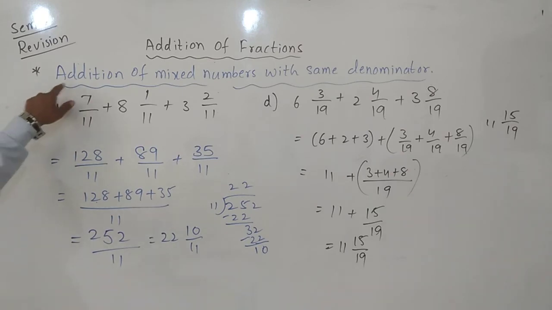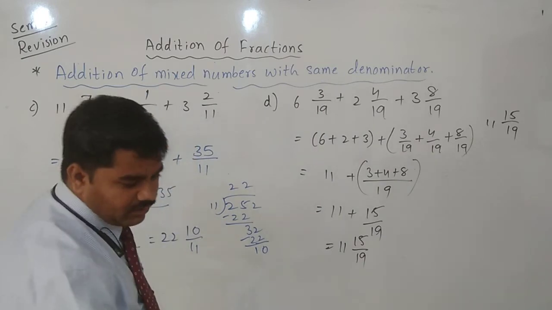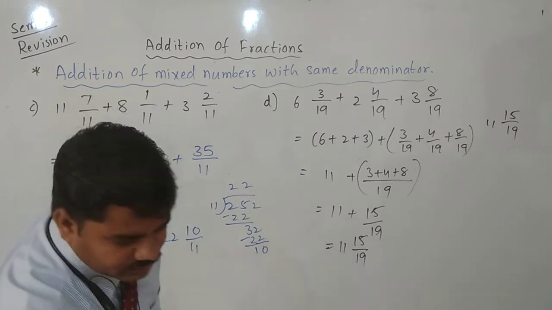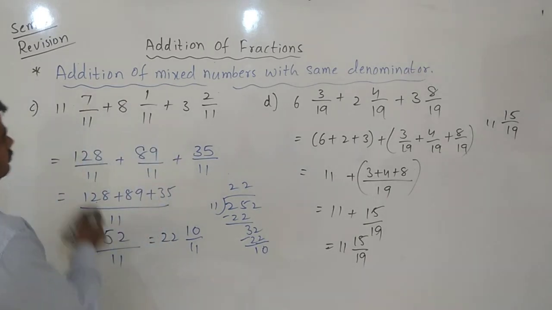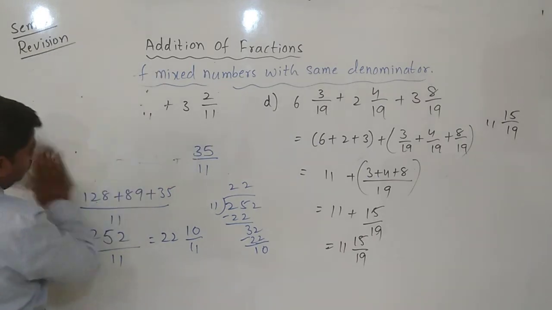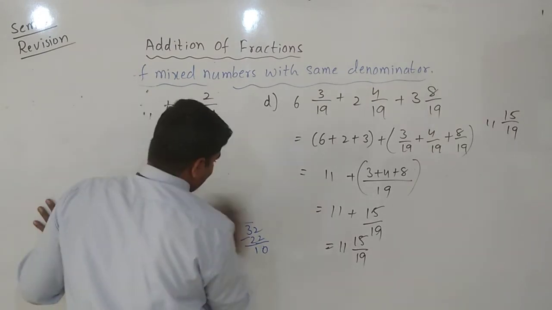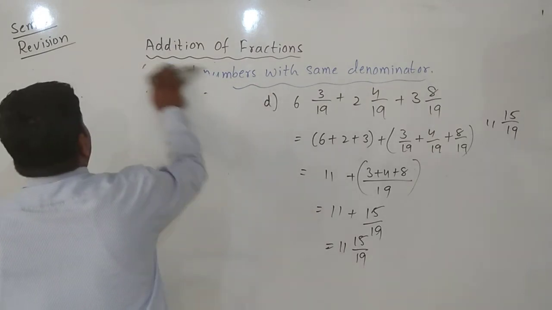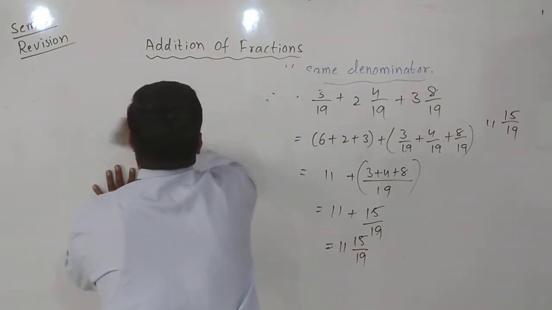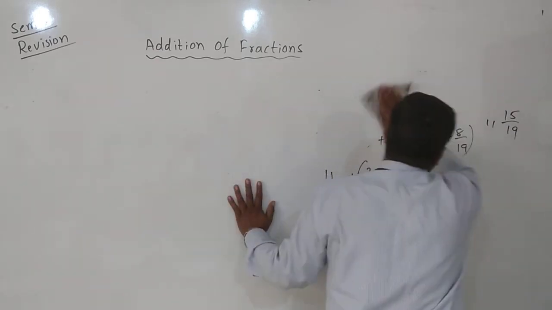Next we will go with the addition of unlike fractions. Converting unlike fractions to like fractions by finding the LCM.